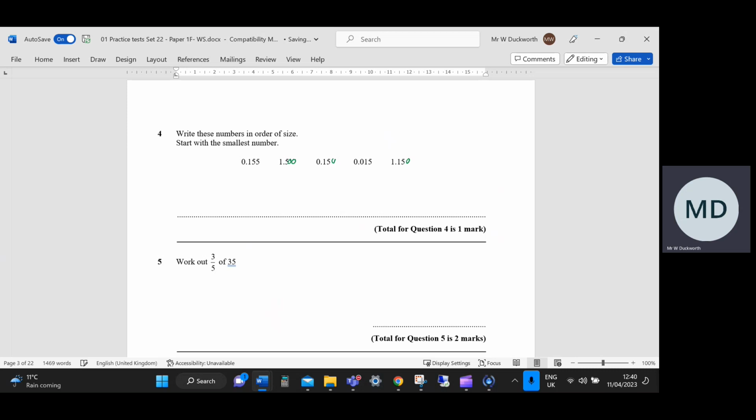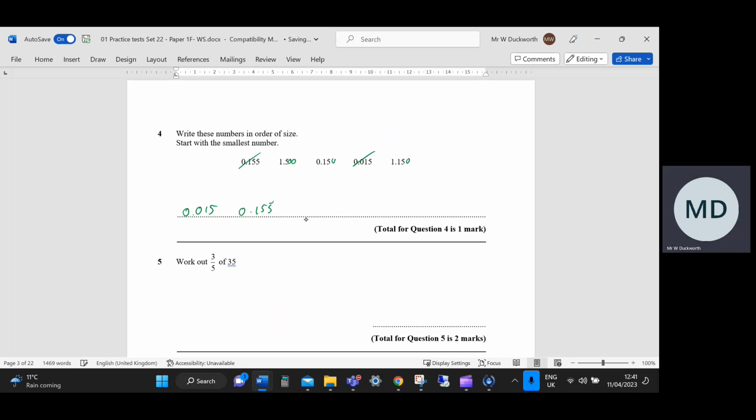Add a couple of zeros in, and then I can order them in a much more straightforward method. In effect, 15 thousandths is going to be the smallest one, so 0.015. My next smallest one is going to be this one, 0.155.